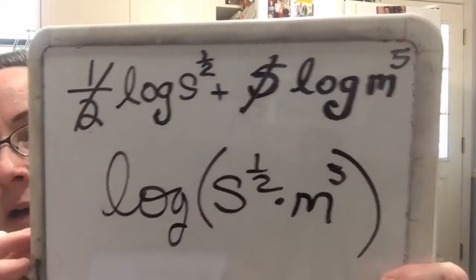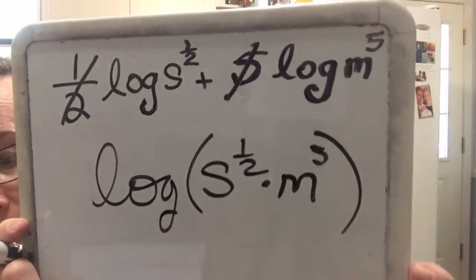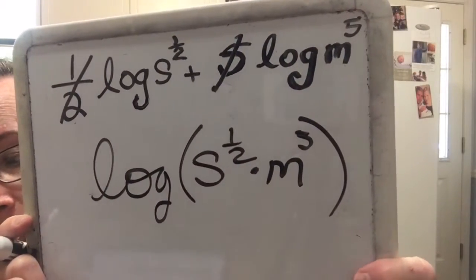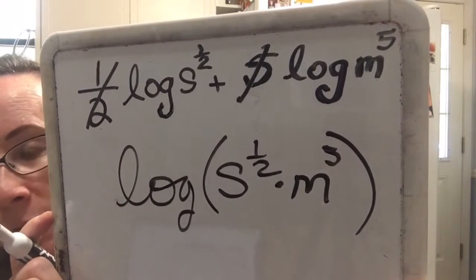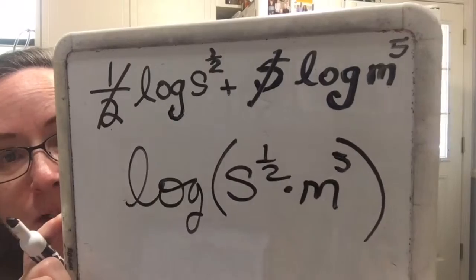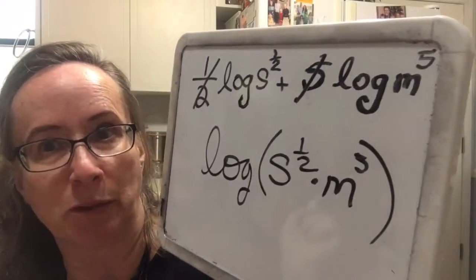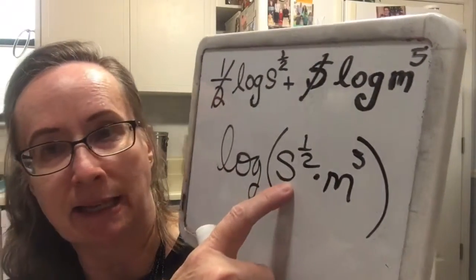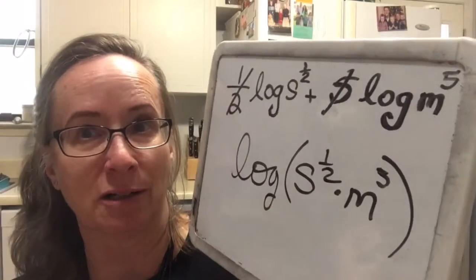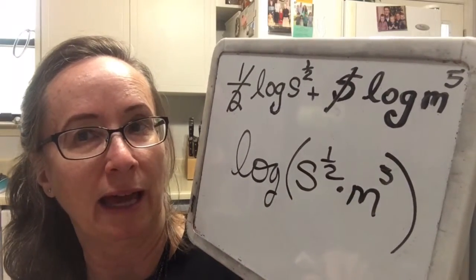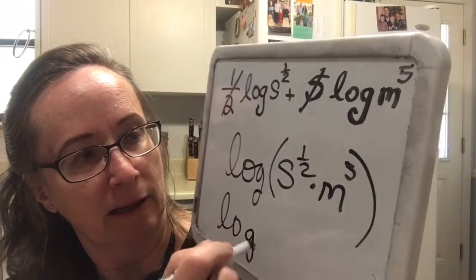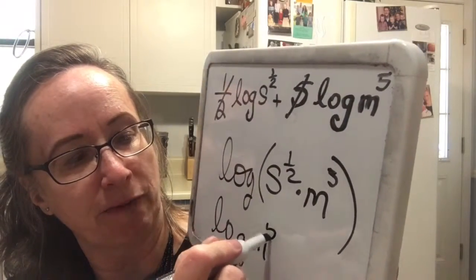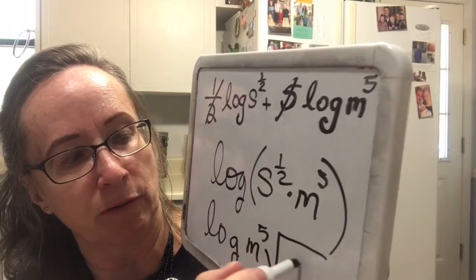Okay, now what they did is they took this same answer and they went one further, and in my book it would not necessarily be preferred, but I want you to be able to recognize it. This s to the 1/2 they turned back into a radical. So their answer is log of m to the 5 onto the square root of s.